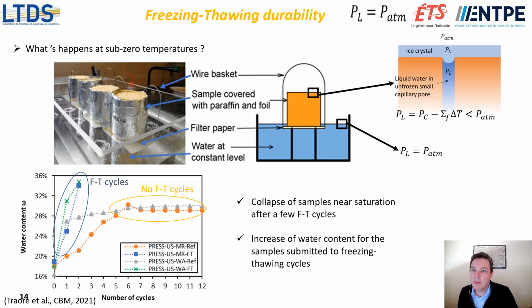Actually, the pressure of the water that remains liquid within the sample will be very low and even below zero because of the equilibrium with the ice crystals at the vicinity of the surface. And since the water in the water tank, for example, is at atmospheric pressure, there will be a pressure gradient that will generate some suction of water within the material, and so an increase of its water content.